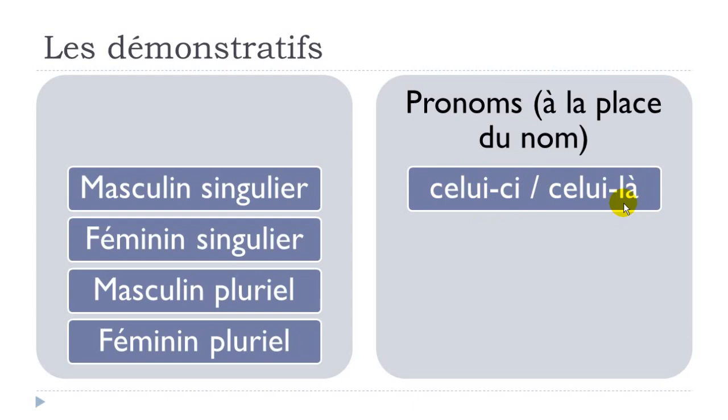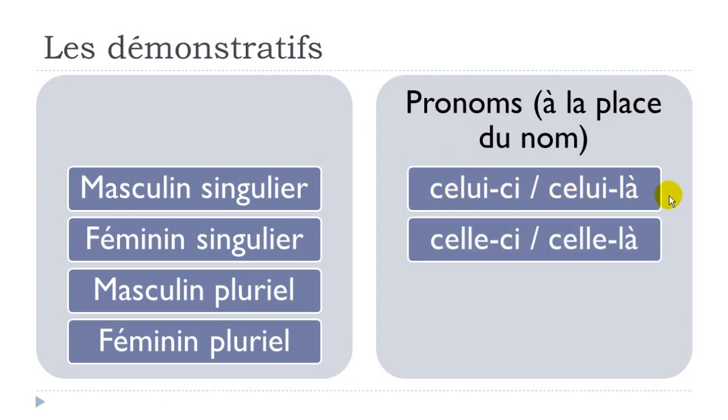In English, it would be directly translated as this one. So you don't want to repeat the noun or the thing that was previously stated, so you use this one. In English, it's easier. In French, it's a bit more tricky, because we will have this celui, and then ci and là. You'll see that normally ci comes first, and then là comes next. Celui-ci, celui-là, this one.